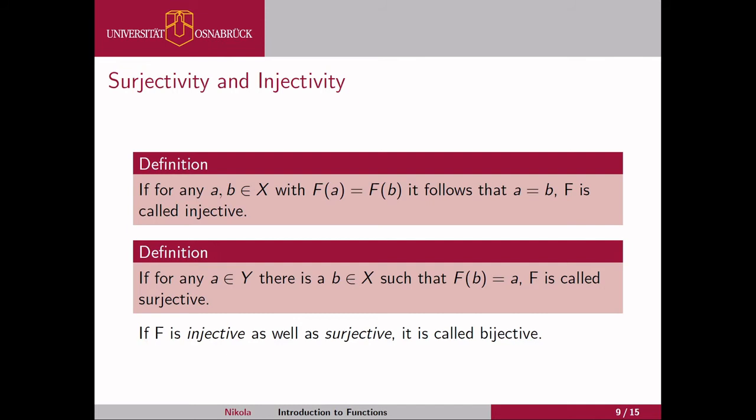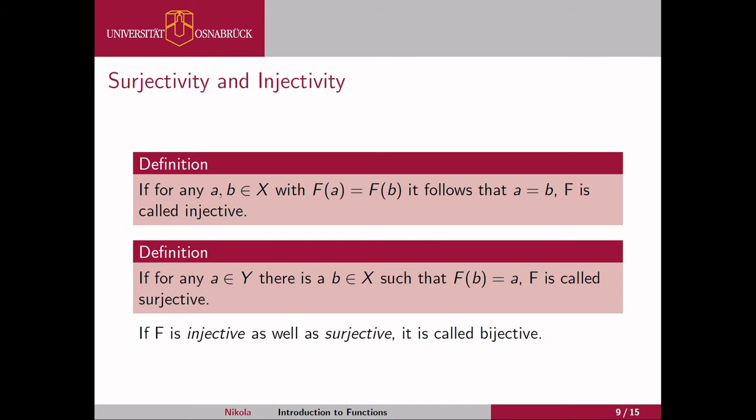We look at the codomain, and no element is allowed to be hit more than once. This is the intuition, but we need this formal expression in order to afterwards be able to prove or disprove it, in order to be able to plug in a function and see if it actually holds. And this is called injectivity.